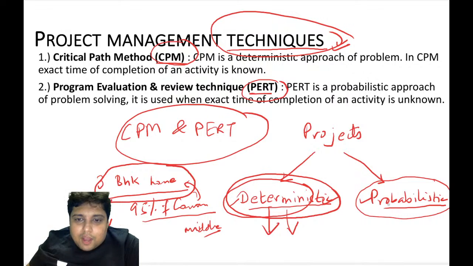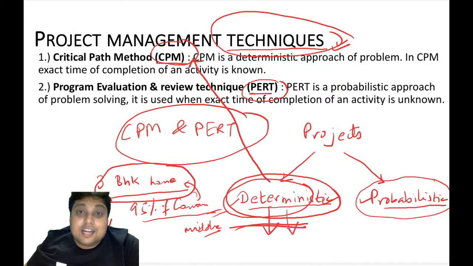So when you have a deterministic project, the project management technique that you will be using is CPM, critical path method technique. For a deterministic project, it is a deterministic approach.